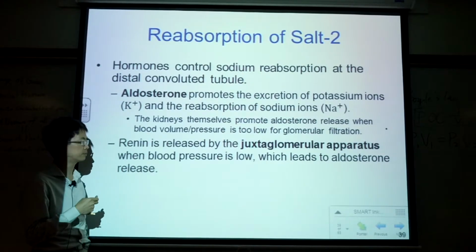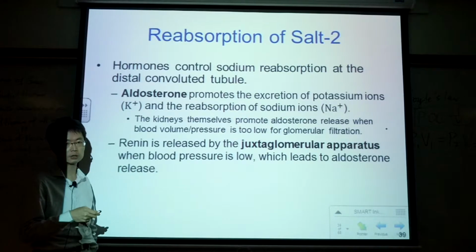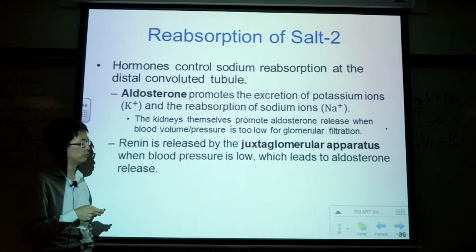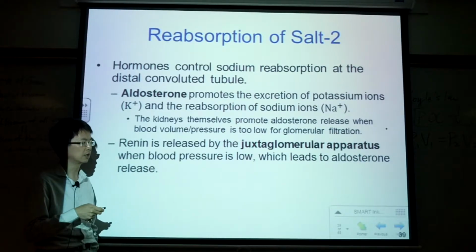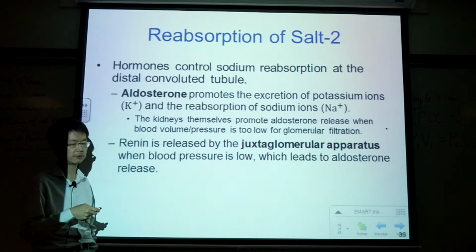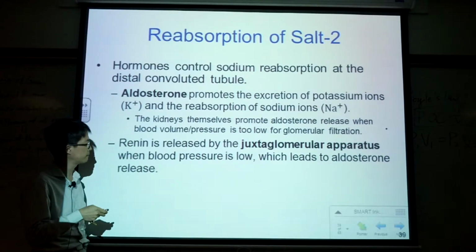I told you that it's a protein released by the juxtaglomerular apparatus, which is a specialized structure in your kidney. We are not going to see the picture of the location of this juxtaglomerular apparatus in this class here. But if you take anatomy, then they'll show you.